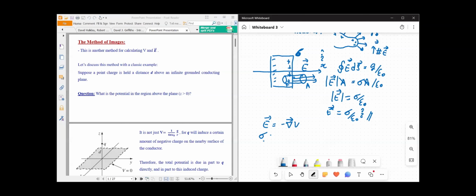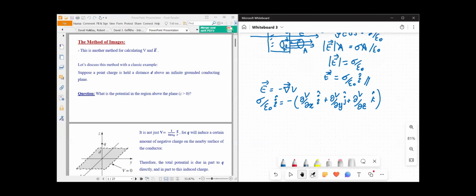So it is sigma over epsilon naught, direction i, is equal to, now this del operator, which is del over del x i plus del over del y j plus del over del z k, acting on the potential, this scalar function V. Now, if we look at these two sides, here we have the direction i, and we have i, j, and k. But since we don't have any components of j and k, we only have this i component. We only need to consider this i component.